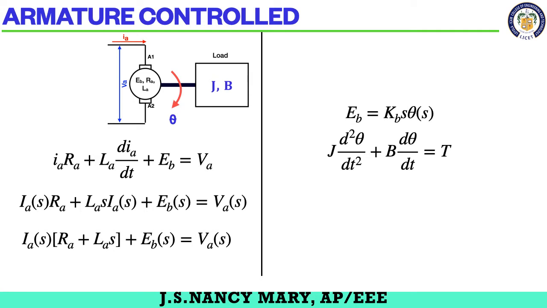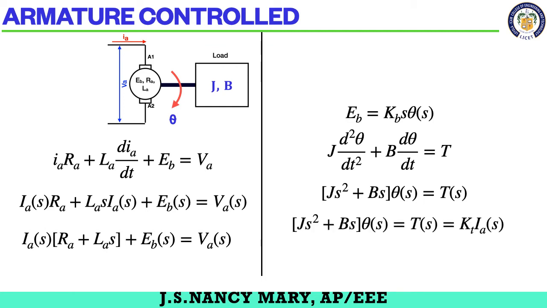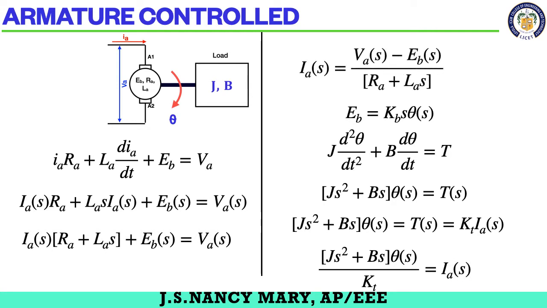T is equal to J d square theta by dt square plus B d theta by dt, which are the inertia and frictional terms. After taking their Laplace transformation, Ia is J s square plus Bs times theta of s divided by Kt, and Ia is also Va minus Eb divided by Ra plus Las.